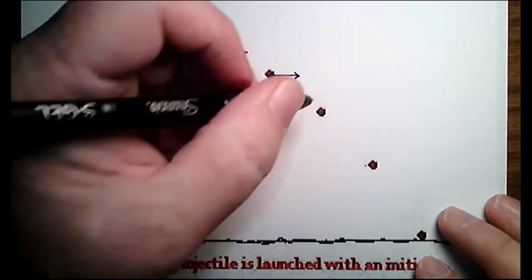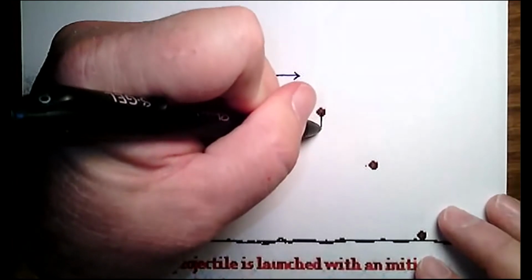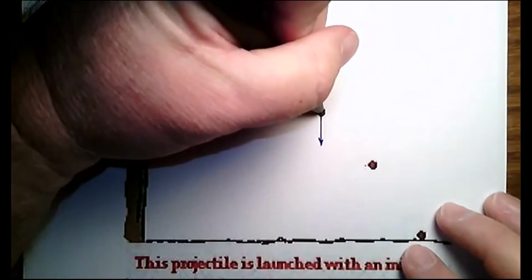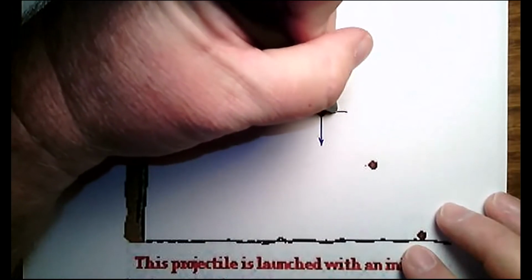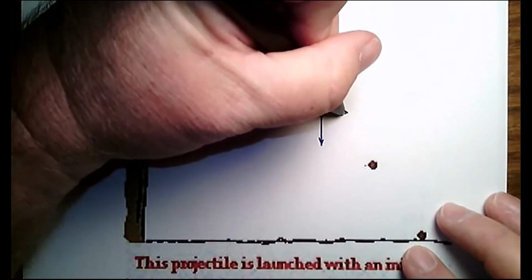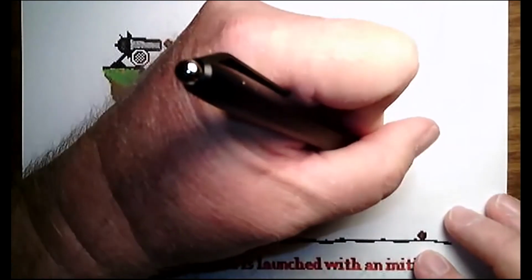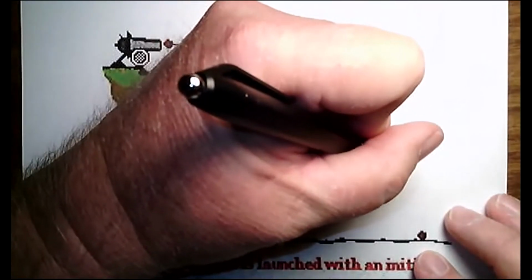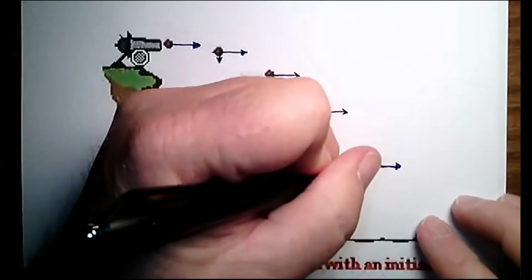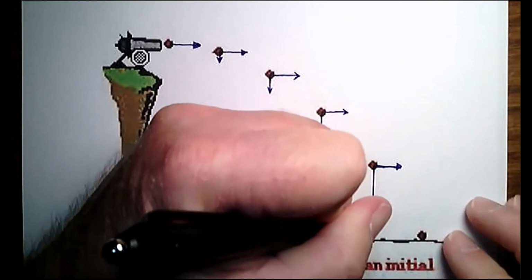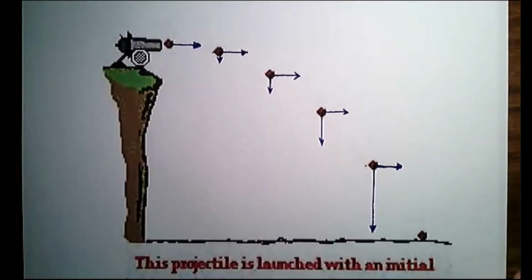If I go on, I see an even longer vertical velocity, and yet the horizontal velocity is still the same. I'll continue to add these velocity vectors. We saw in the video that the horizontal really didn't change very much, but the vertical is going to start to change quite a bit.